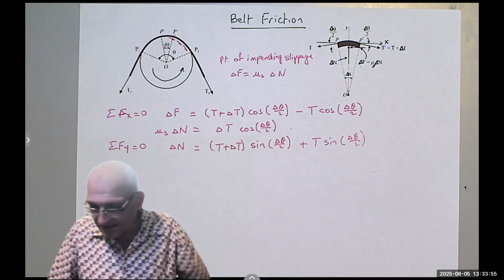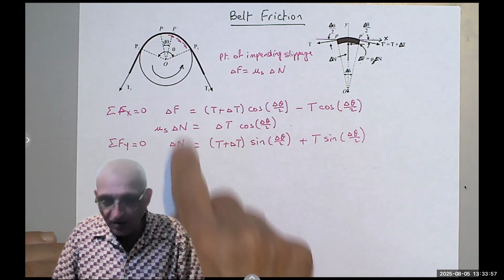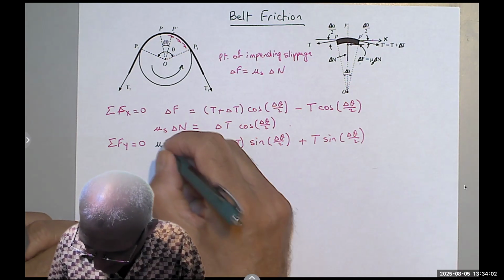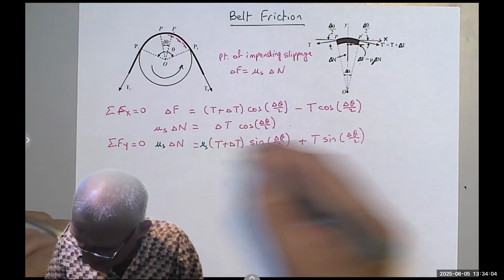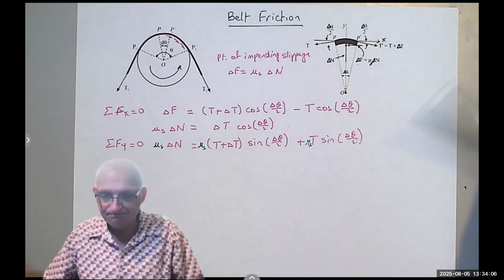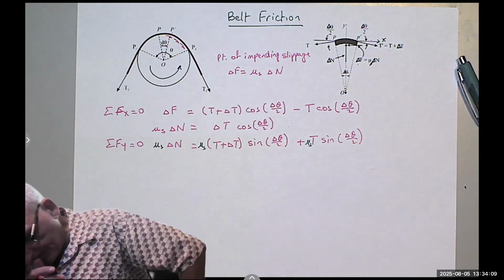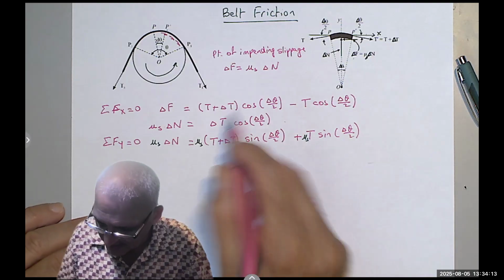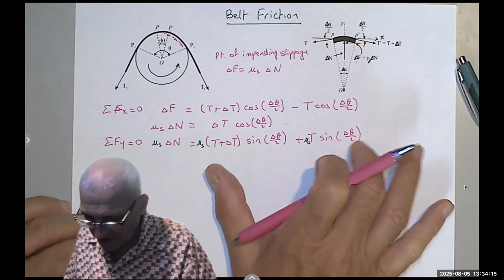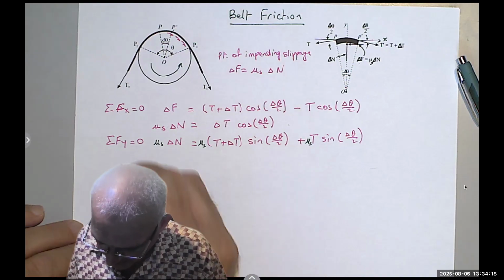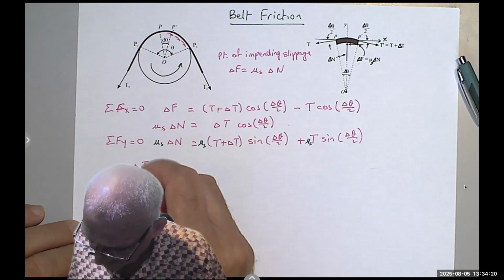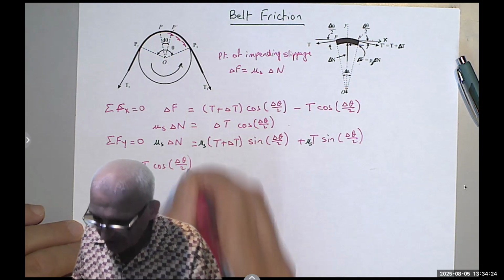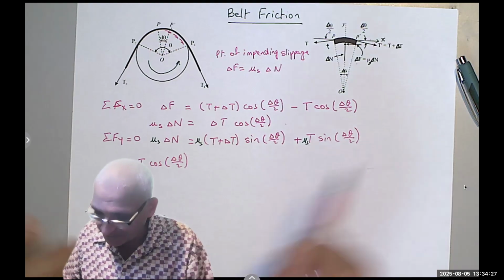Notice that these two equations, the one on the top has a mu sub s. So let me multiply everything here by mu sub s. Okay? Since these two are the same, it means that this equation equals that equation. So I'm going to write delta T cosine delta theta over 2 equals all of that.